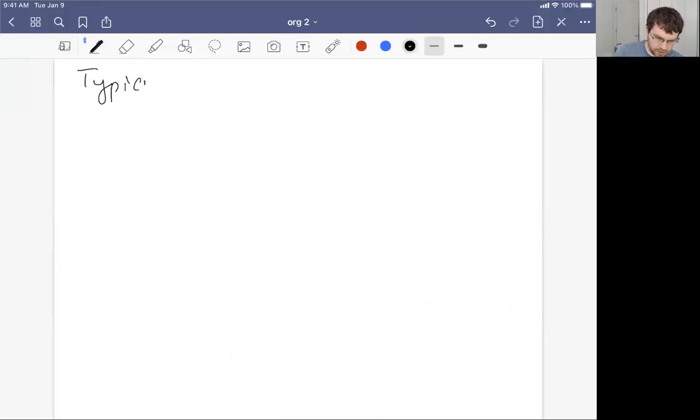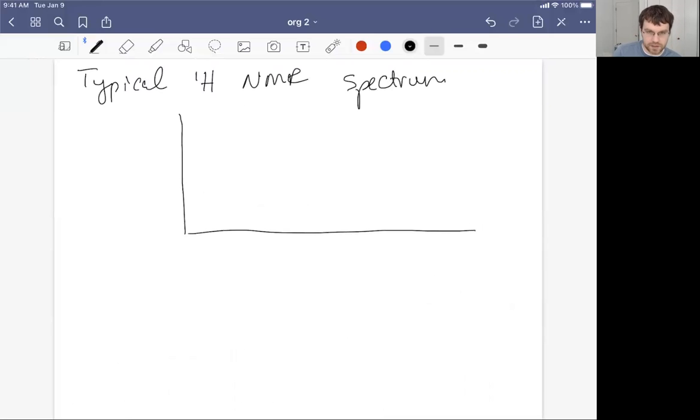Okay, so let's look at this for just a couple of nuclei. A typical 1H NMR spectrum will look like this. I'm not going to label the y-axis, that is intensity, and it's unitless, as I mentioned. The x-axis is labeled parts per million, and it typically spans from 14 to 0. Now, you'll notice another oddity about this, and that is that the numbers become smaller as we move from left to right.